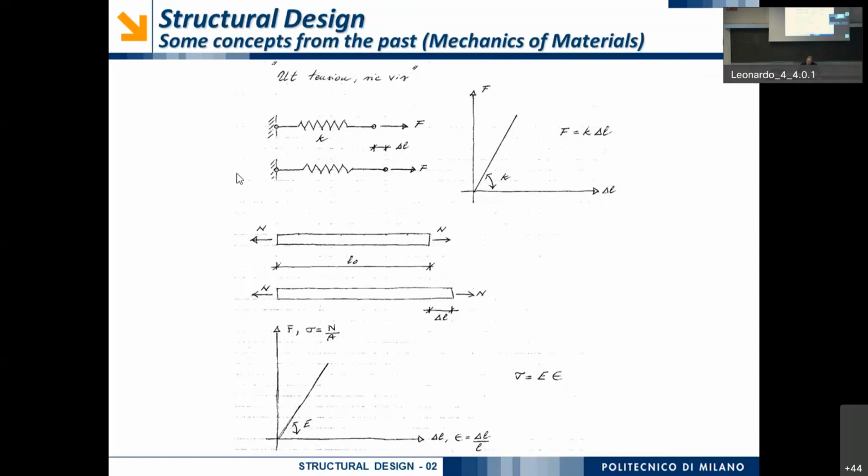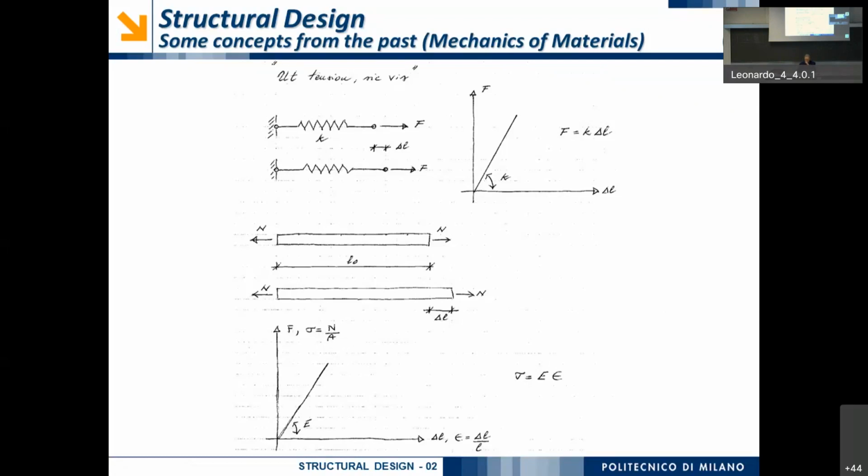But generally, what we can measure in the laboratory are forces and displacements. But, for example, I can change the scale of this diagram by doing what? Simply by dividing the applied force by the area of the cross-section.